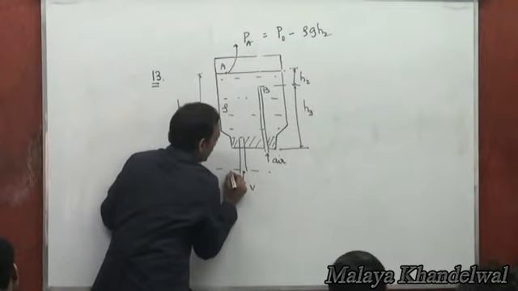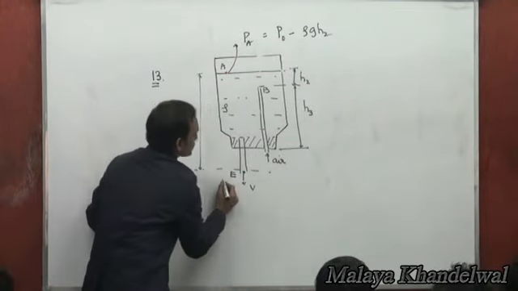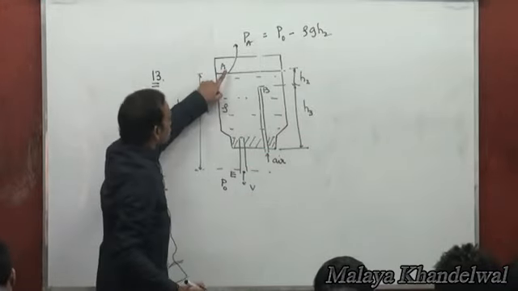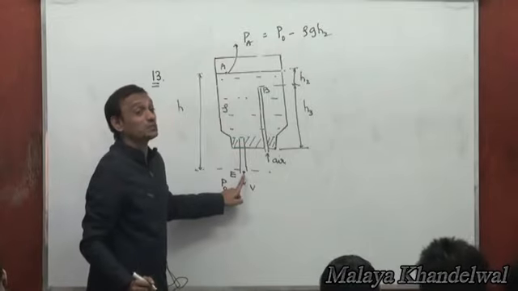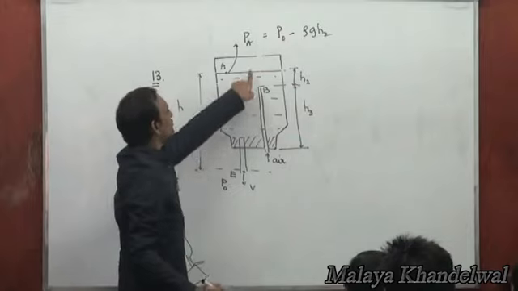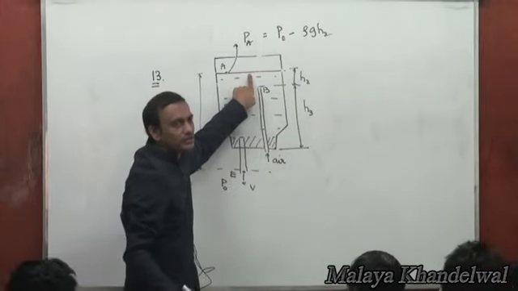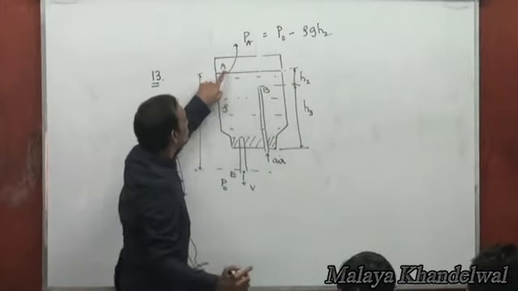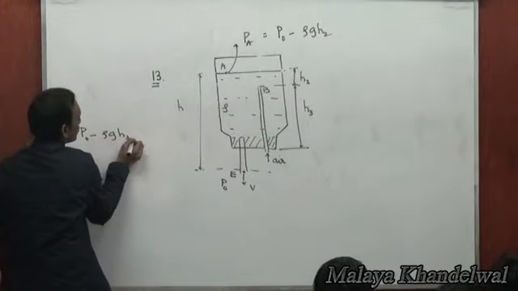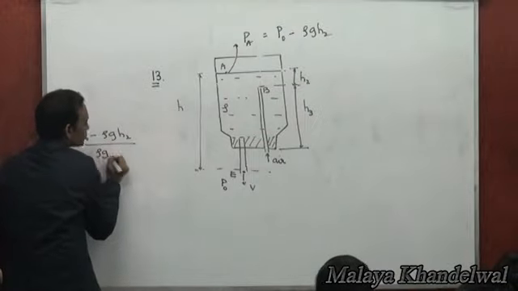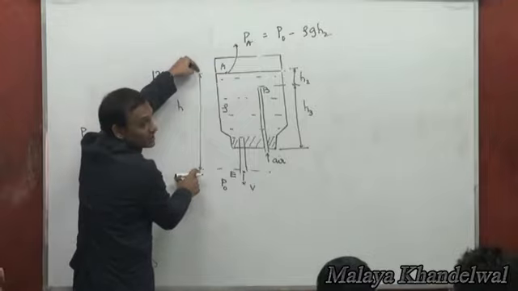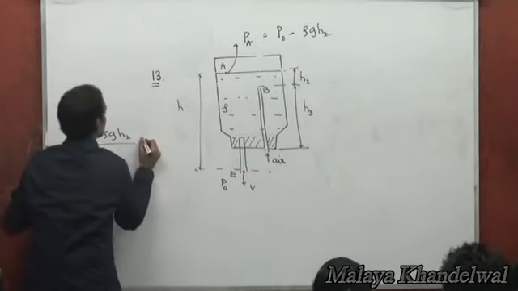At the exit here E, the pressure is atmospheric, and between A and E I can apply Bernoulli's theorem. Again, this area of cross section is much larger compared to this, so the velocity here can be neglected. The dynamic head here is practically 0. So pressure at A, which is P naught minus rho G H2, P by rho G, V is 0, Z is H here, right?